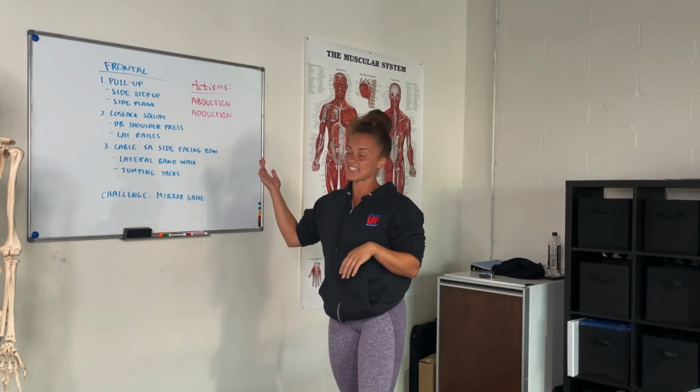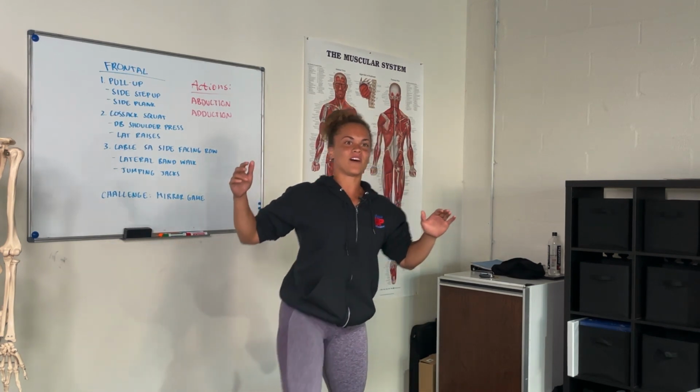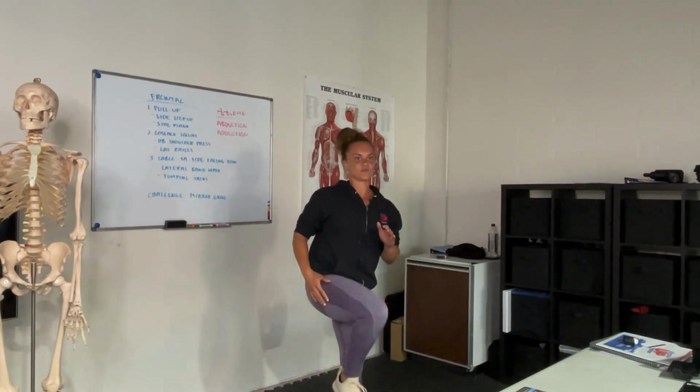So that's for adduction. Then we have a side step up. What is a side step up? Good, exactly. You're just going up on the side. Why would that technically be in the frontal plane?